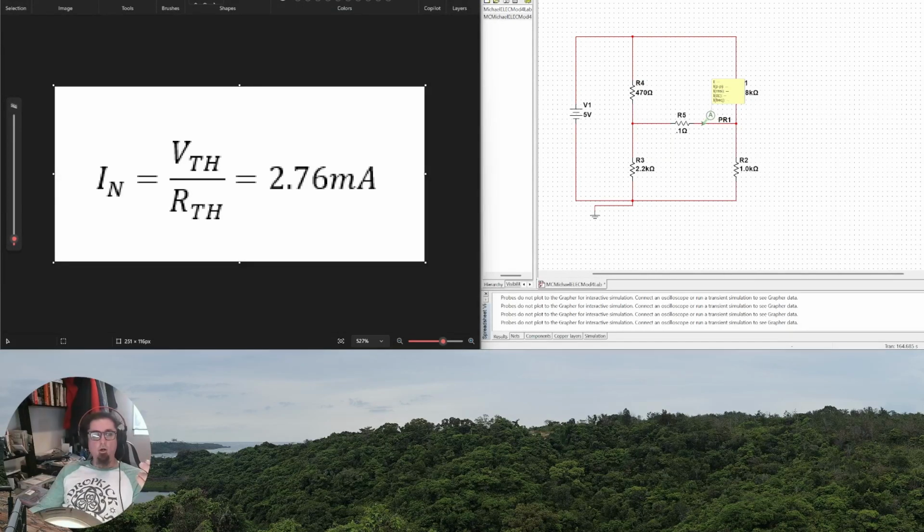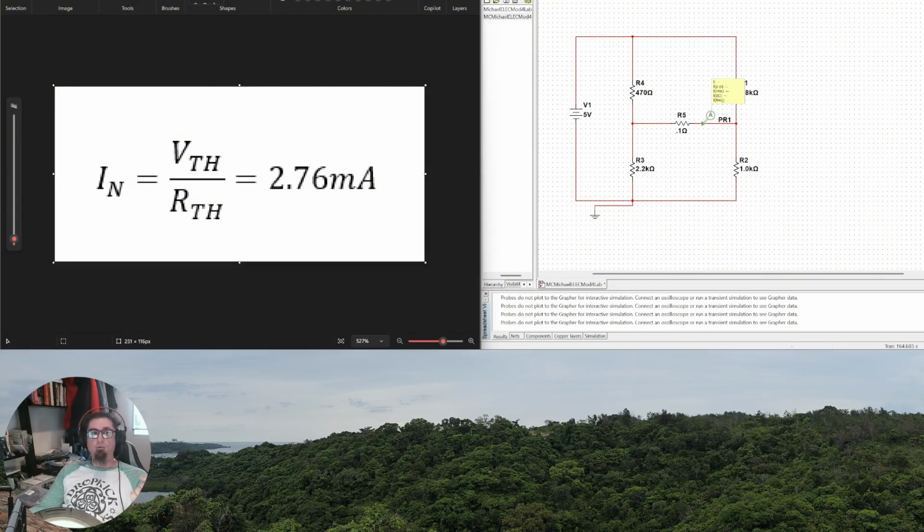Next, we're going to find our Norton equivalent current, starting by treating the load resistor as a short. In this case, we put a 0.1 ohm resistor there. So it's very small, 100 milliohms. But considering the rest of this is well over that, it's going to have very little resistance. This calculation is very straightforward, though.